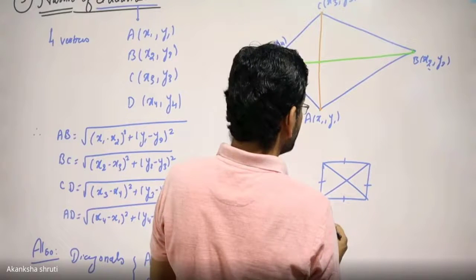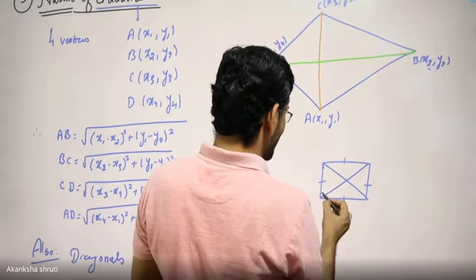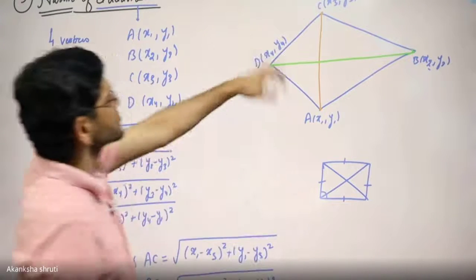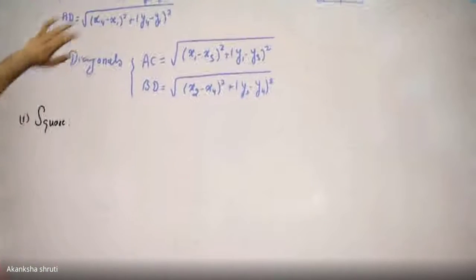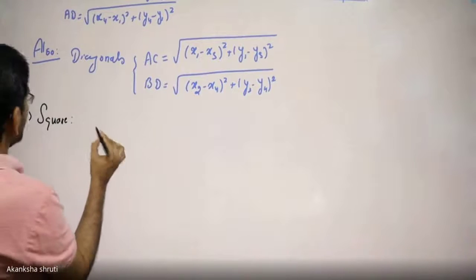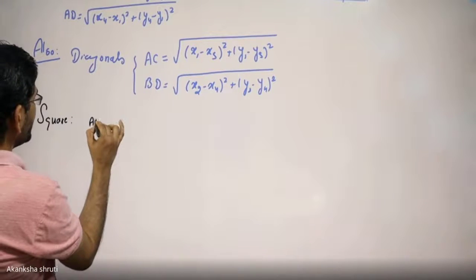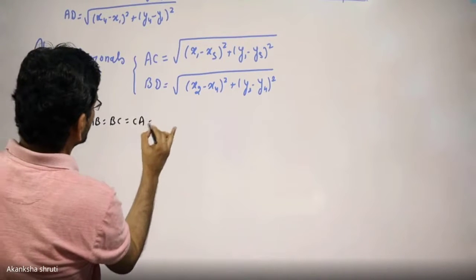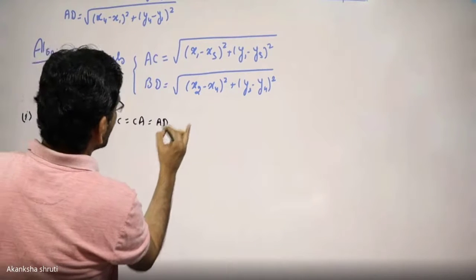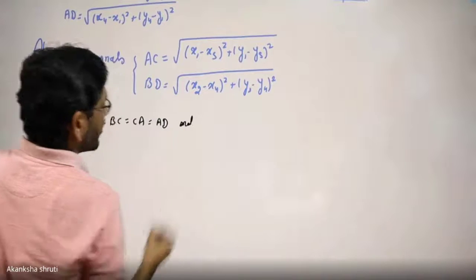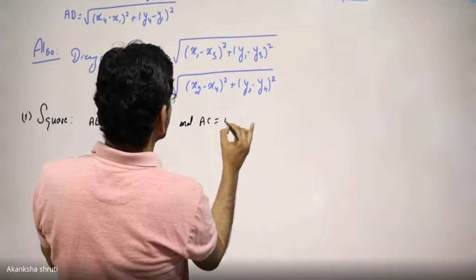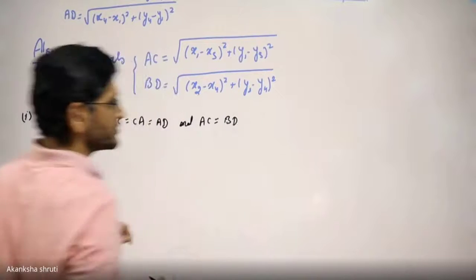This is the condition for a square. Then automatically the angle comes 90 degree. So this quadrilateral becomes a square if AB equals BC equals CD equals AD, and also the diagonals are equal, AC equals BD. This we have to understand.